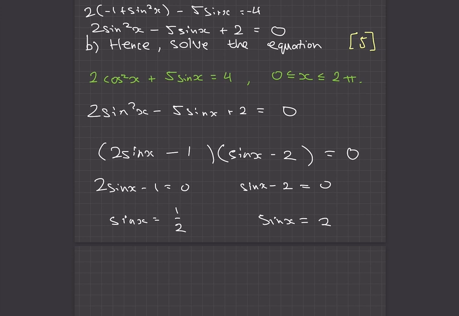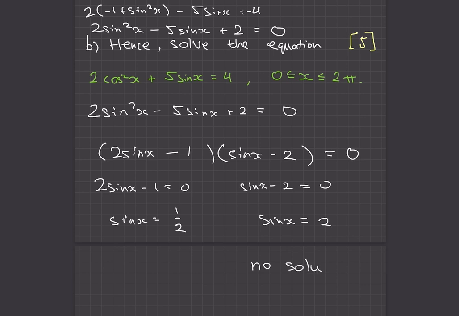Immediately, this one here is alarm bells, because we know that sine x oscillates between 1 and minus 1. So there is no real value for which sine x equals 2. That means this one has no solution.